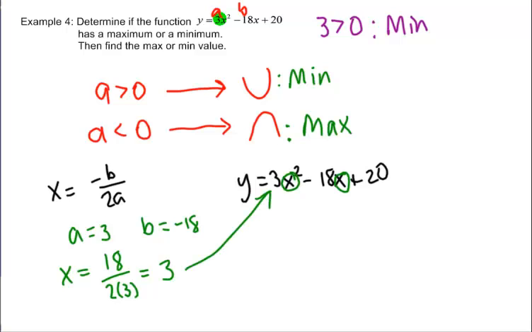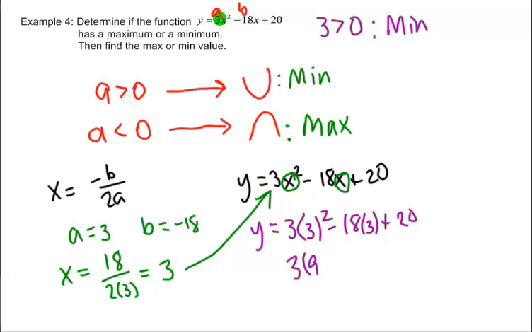The 3. So you end up with my y-coordinate being 3 times 3 squared minus 18 times 3 plus 20. And when you punch all that into your calculator or do it out longhand, what are you going to have?